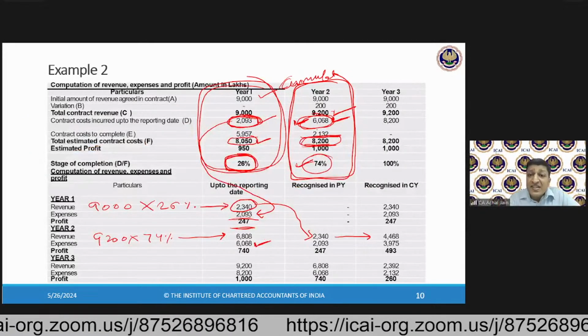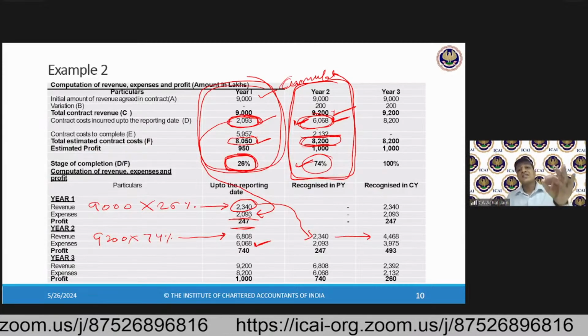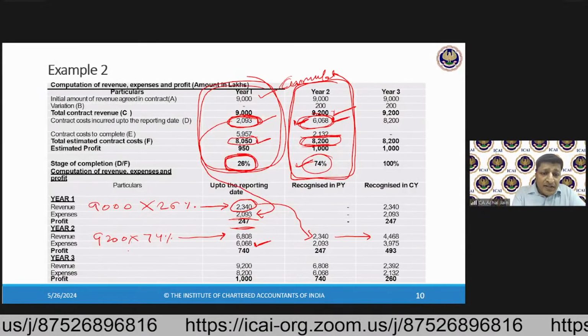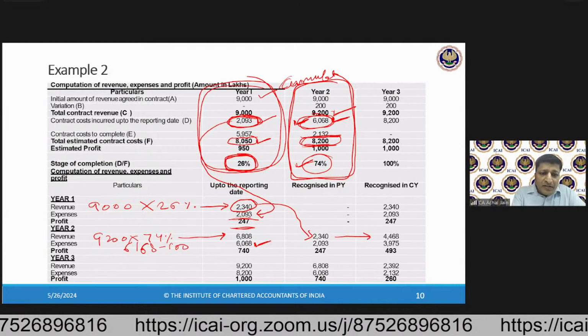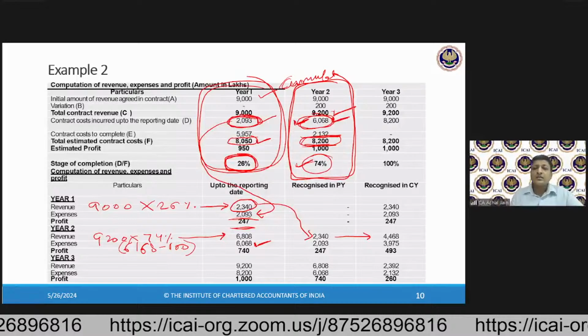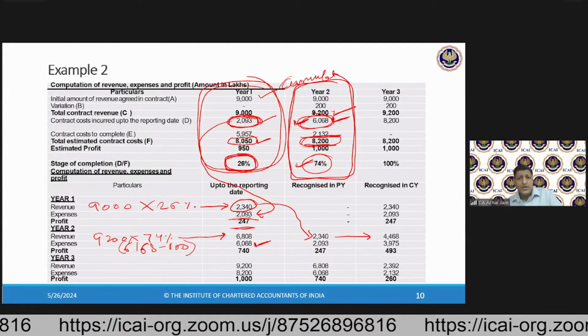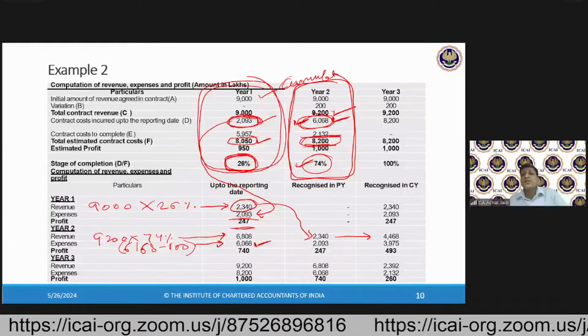So this 6,068 actually is 6,168, out of which 100 is the cost which has not been incurred. Why? Because this material is still at the site. So that's why actual incurred cost has become 6,068.